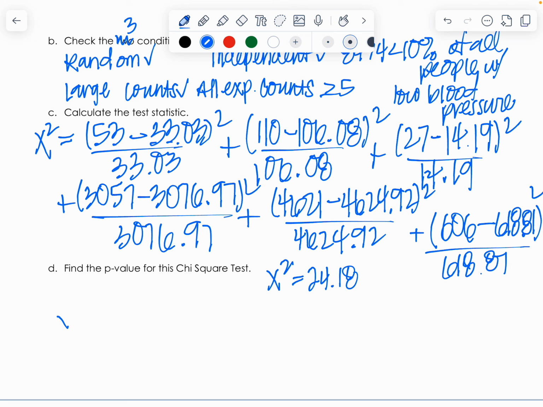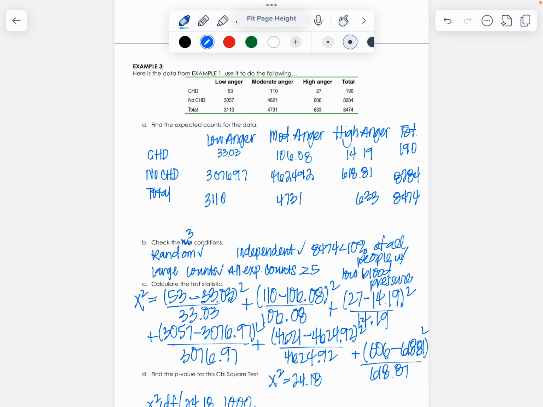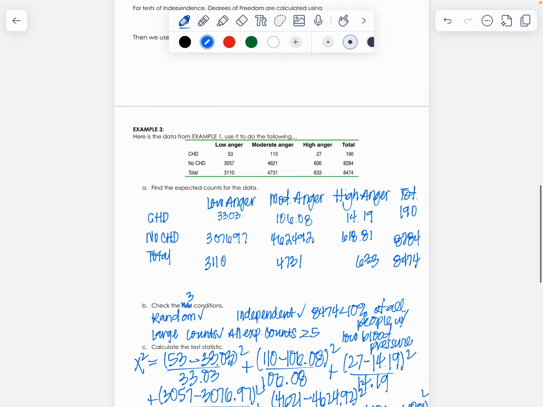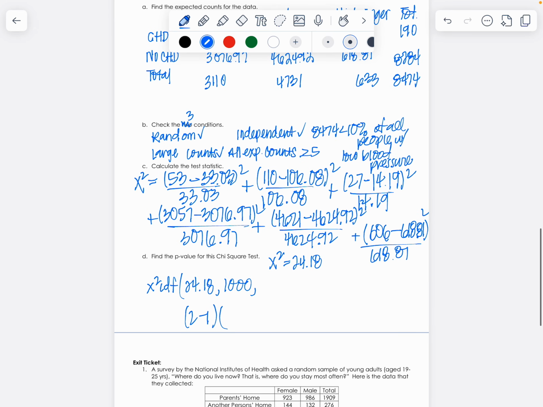So now our p-value, we'll say chi-squared CDF from 24.18 to 1,000 with, let's see here, the number of rows, 1, 2 minus 1 times the number of columns, 1, 2, 3 minus 1, so that's 3.